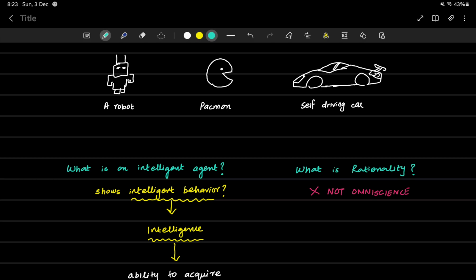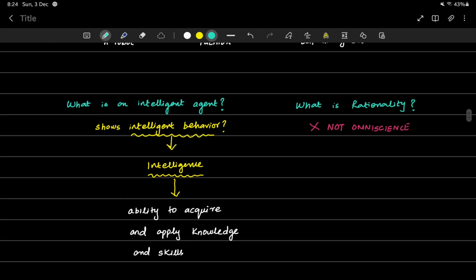What are the sets of words that you will use? When we go in such depth on this word intelligence, that's where we are like, oh, okay, maybe I'm not so sure what intelligence is. So, intelligence just means having an ability to acquire and apply knowledge and skills.